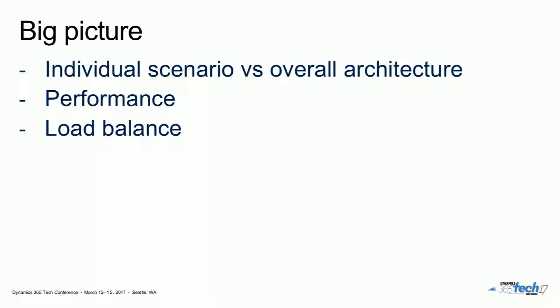Like Goku was saying, if you look at each individual case, its volume is super small, so no worries, we'll go against the UI interactive server. But that could add up, right? So we're just saying, if you can spread them out, that's what we mean by load balancing. If we can spread these integrations out so they don't happen at the same time, just keep that in the back of your mind when you design your integration.